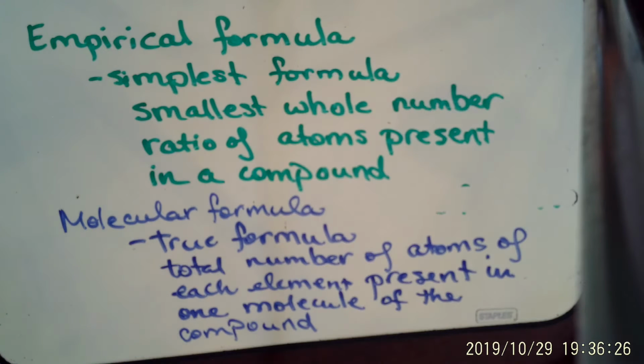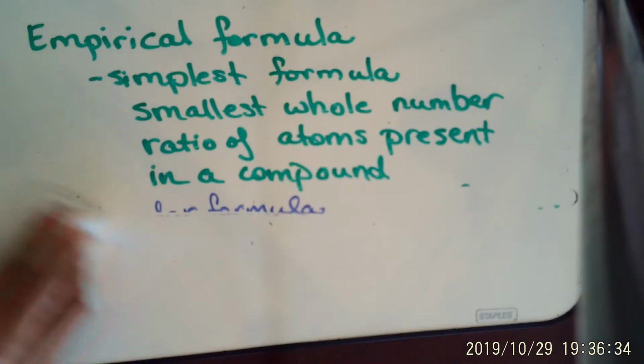Empirical formulas do not have to be true molecules. So let's take a look at a couple of examples. I'm going to have the empirical formula in the left-hand column.